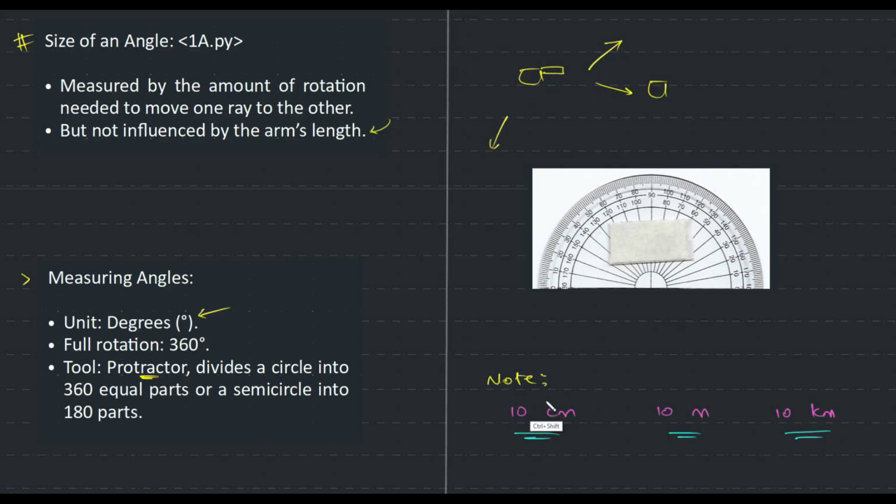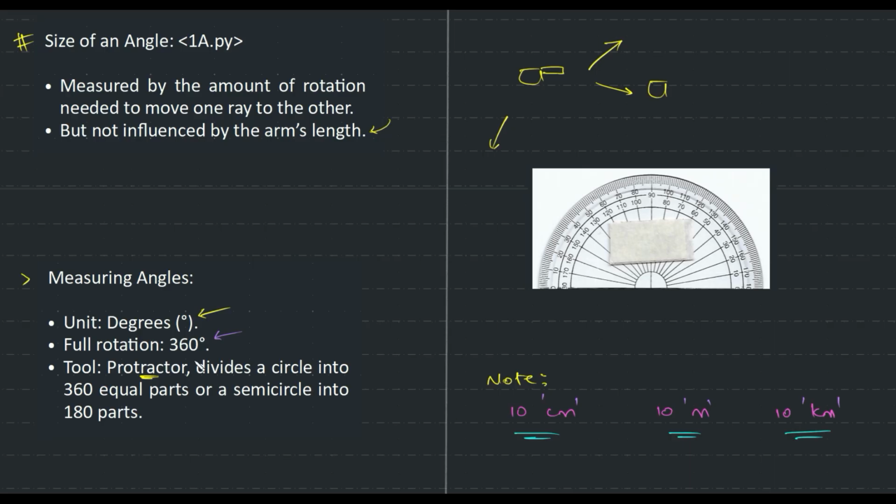Same way, this written part, this unit, right? These are units. How this influences what we're talking about. 10 can be a number. How much it is in what unit is important. So if someone is talking about any angle, they indicate it with degree. How much is 1 degree and all of that, we'll understand in time.